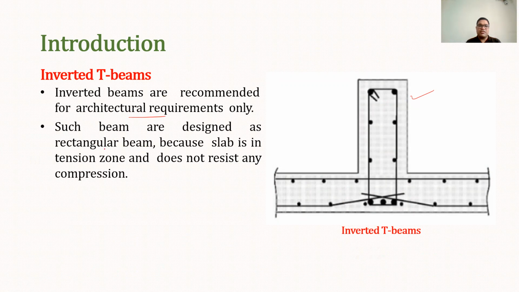Such beams are designed as rectangular beams because the slab is in the tension zone and does not resist any compression. As you can see, if we draw the neutral axis and we have positive bending moments, compression will be here only. In this zone, there will be tension, and tension will be borne by reinforcement only. So the concrete below the neutral axis is cracked. That is our assumption that we generally consider in our design.